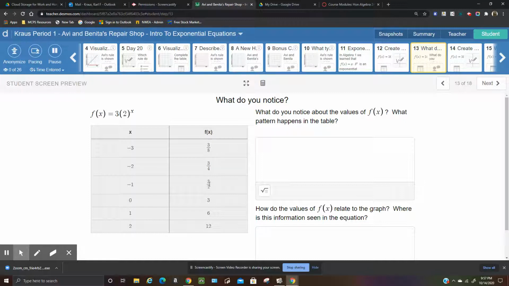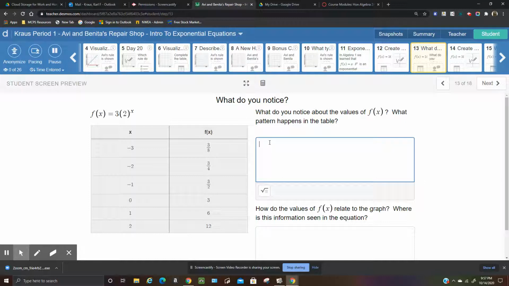Does that work? Let me see. 3/2 times 3, or times 2, sorry. This is the multiplier here too. So 3/8 times 2 is 3/4. 3/4 times 2 is 3/2. 3/2 times 2 is 3. 3 times 2 is 6. 6 times 2 is 12.